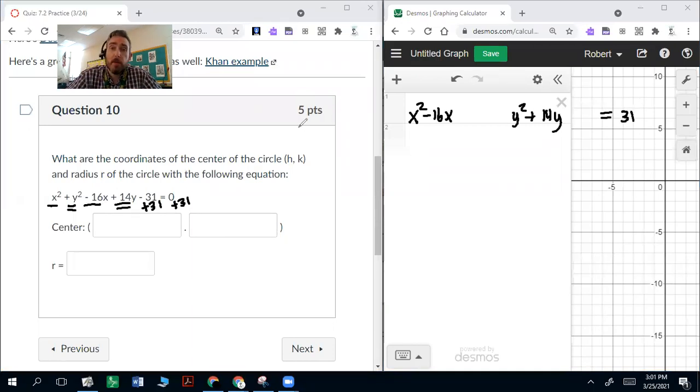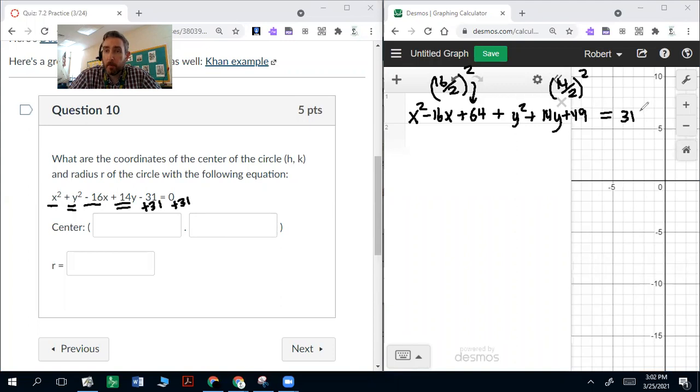We're going to complete the square by taking the 16, dividing by 2, and squaring it. And that number is going to go right there. 8 squared is 64. We're going to take that 14, divide by 2, and square it. 7 squared is 49.